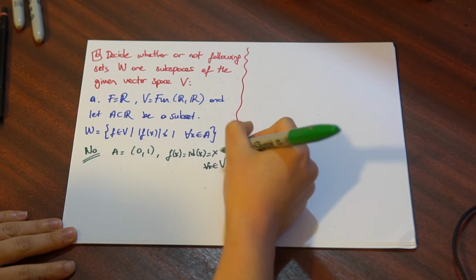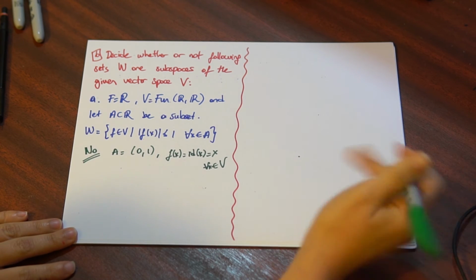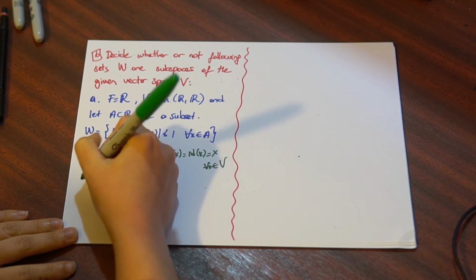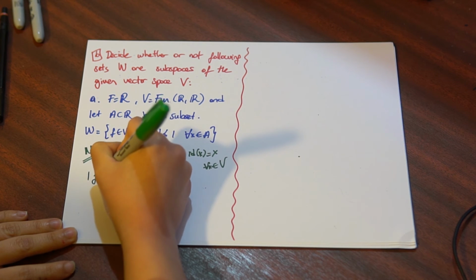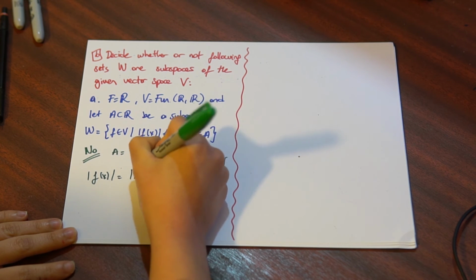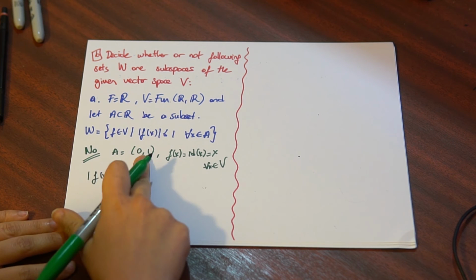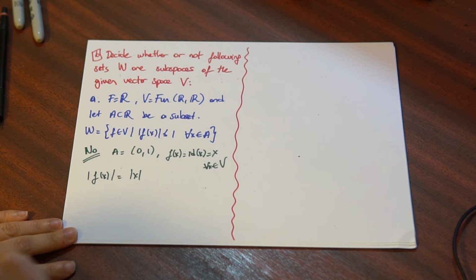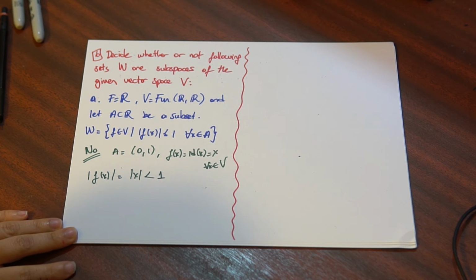Now, first we need to show that f(x) is inside of W. Now, the absolute value of f(x) is equal to the absolute value of x, right? And our x's are between 0 and 1, and they are not equal to 0 and 1. So this is less than 1.